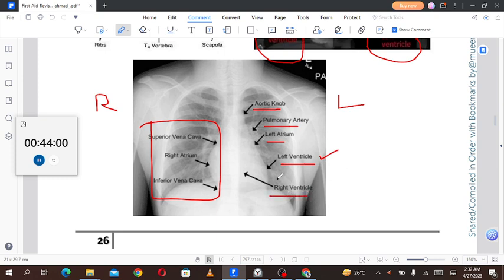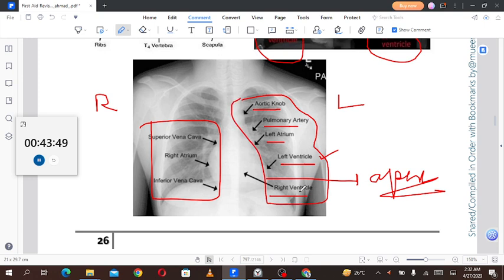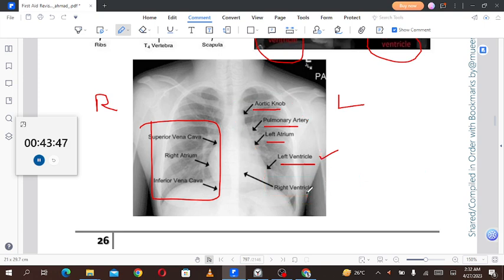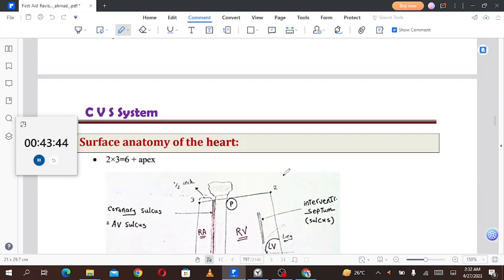Then we have the right ventricle, the anterior-most structure, and this is called the apex. So remember these things. On the left side we will find the aortic knob, pulmonary artery, left atrium, left ventricle, and the right ventricle. These are very important to remember because they often ask about them on the STEP exam.